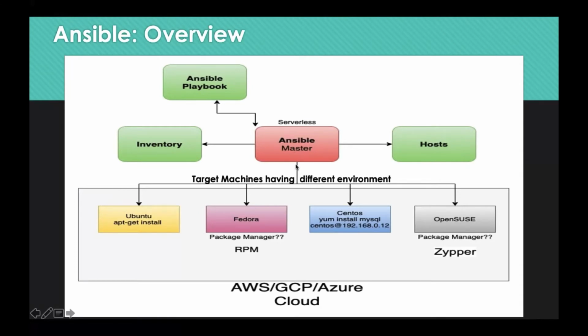So you need to share the public key of this master machine, the Ansible master machine, with all the rest of the remote machines, so that they are well aware that it is well known to them. Only then will it allow access to the remote machines.